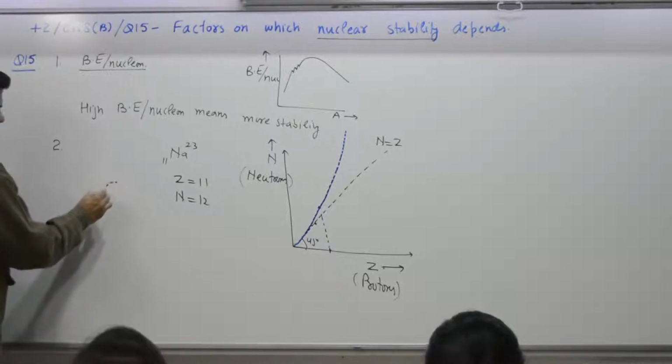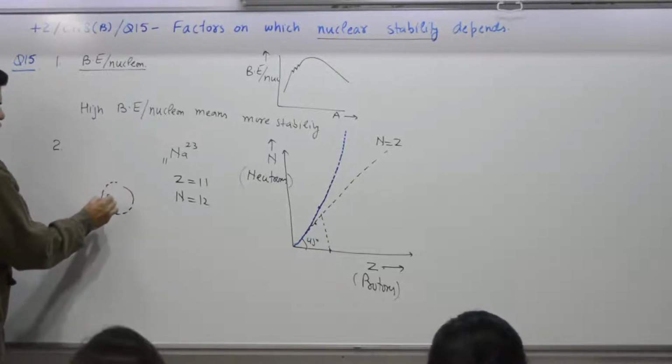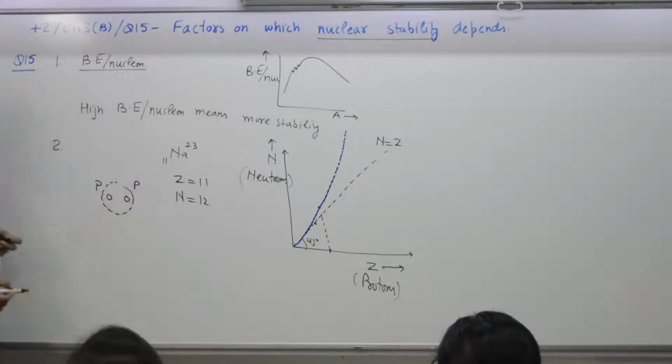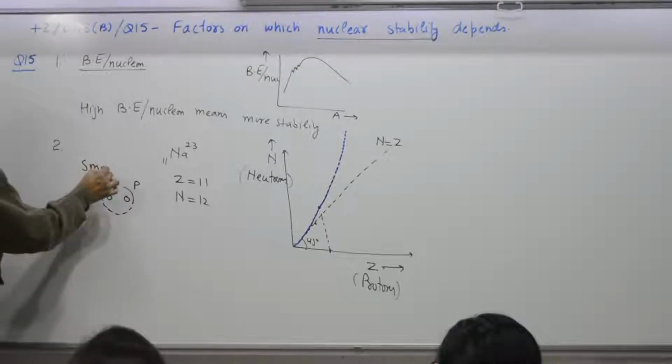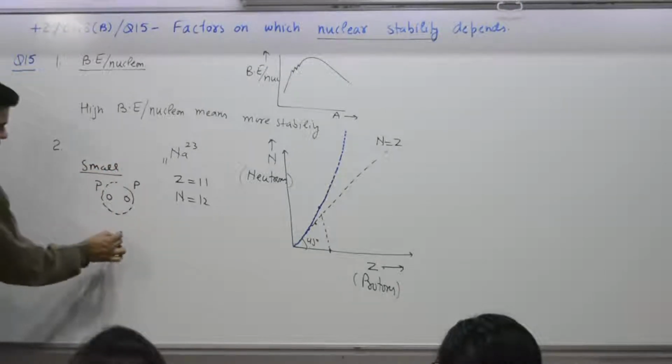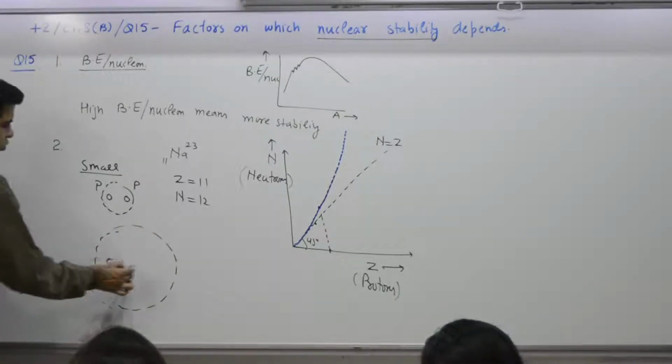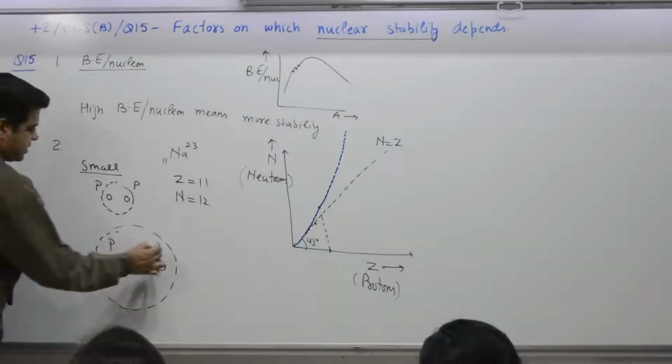For small nuclei, suppose you have two protons. They have electric repulsion, positive charges repel. At the same time they have attraction also, the nuclear force. Nuclear force is more than electric force for small nuclei. As the size of the nucleus increases, the two protons are at a certain distance.